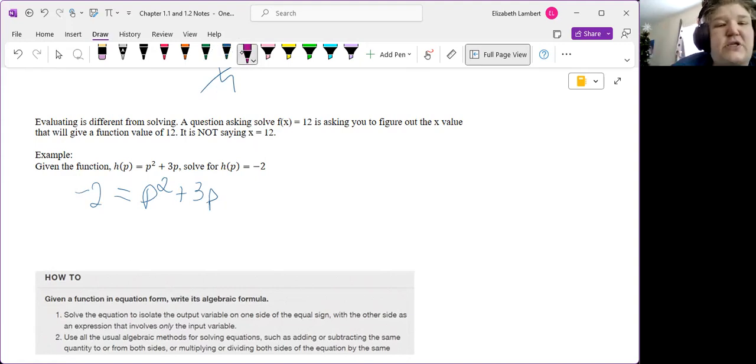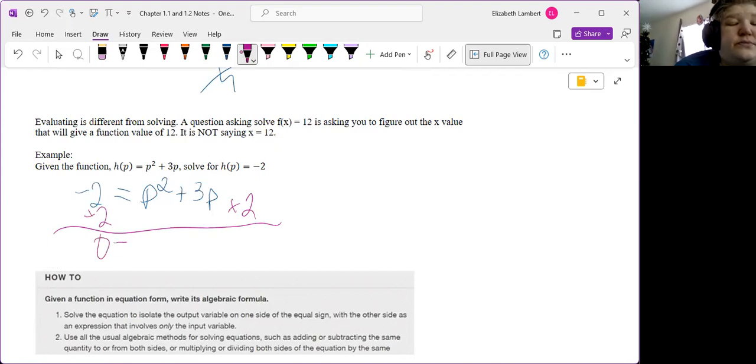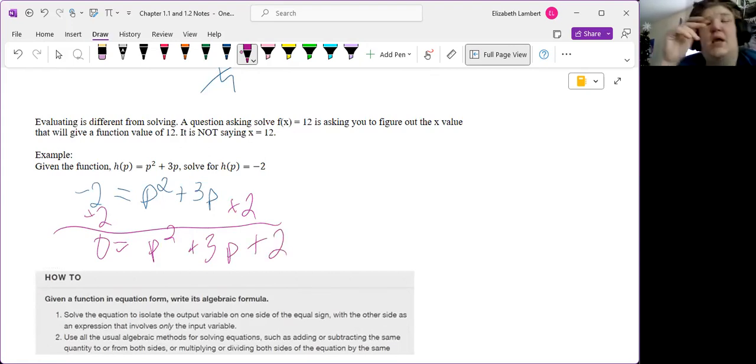And the first thing for solving quadratic equations is get it equal to 0. So we're going to add that 2. Now, if you are not comfortable with factoring, quadratic formula will completely work here. This one though, since the p squared doesn't have a number in front of it, the factoring shouldn't be too bad. So that is where we're going to go next.